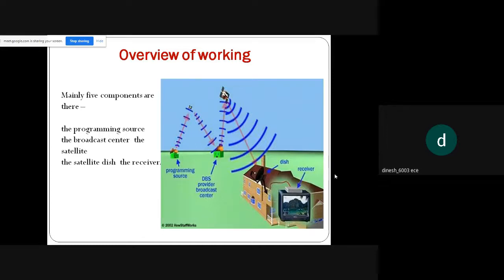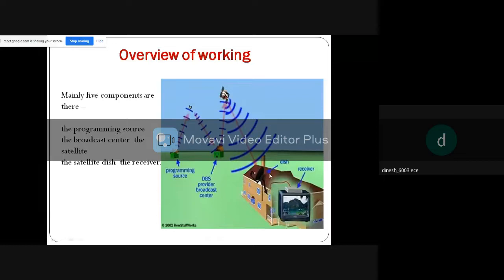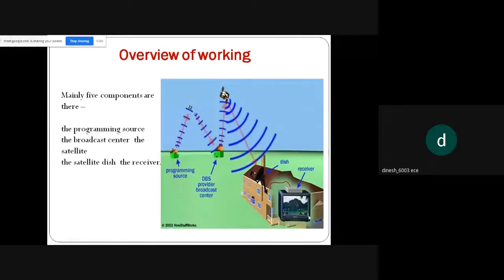That dish antenna will capture all the signals and it will be directly connected to the television set-top box. At the receiver, we have a television set which is receiving the signals being transmitted from the source.